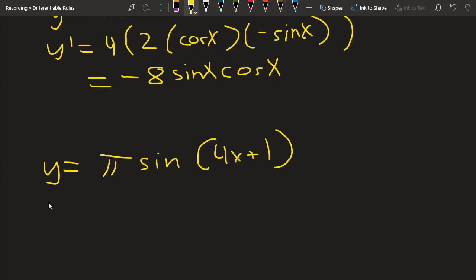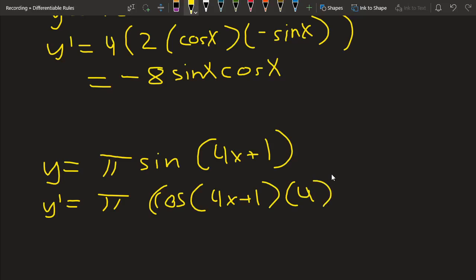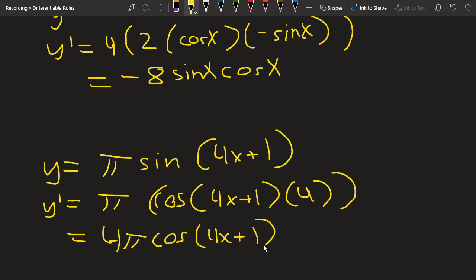So the derivative y prime is equal to pi cosine 4x plus 1 times 4. And this is equal to 4 pi cosine of 4x plus 1.